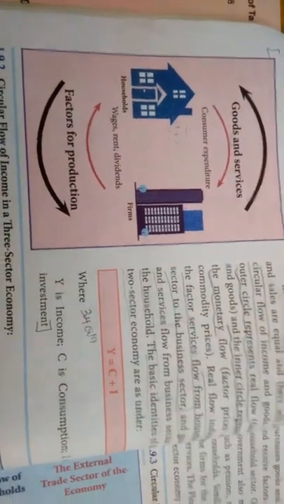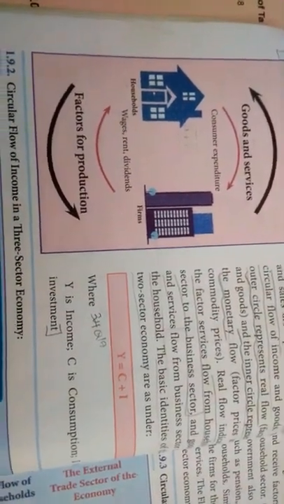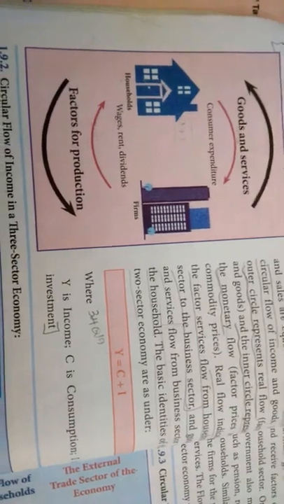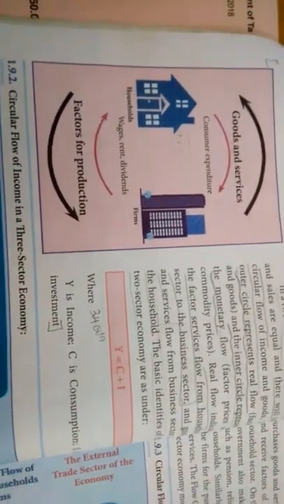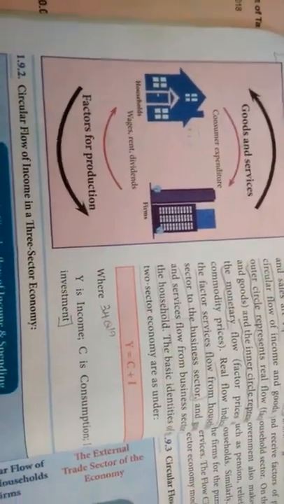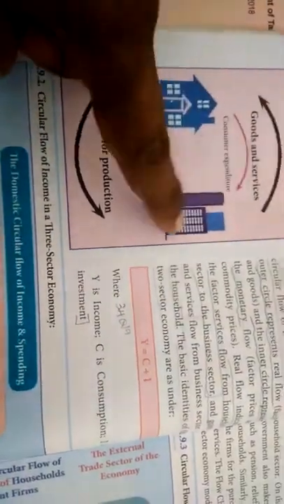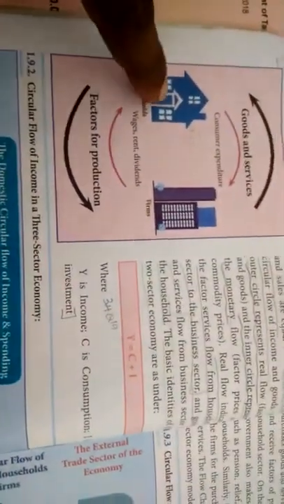Now we will study more elaborately how the flows of income, factors of production and goods and services move from one sector to the other, from the household sector to farms.